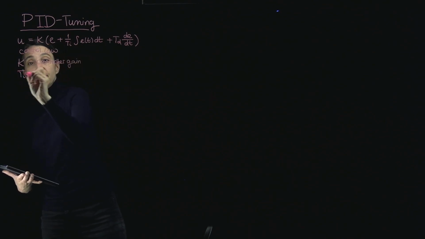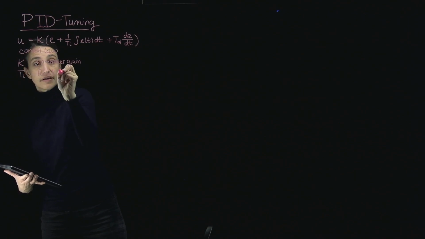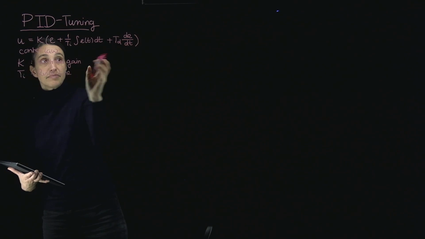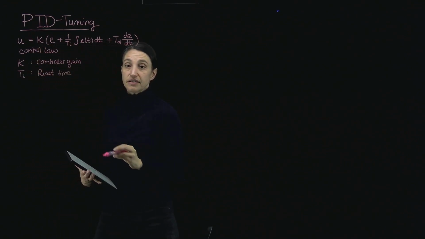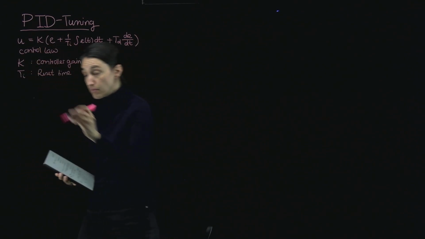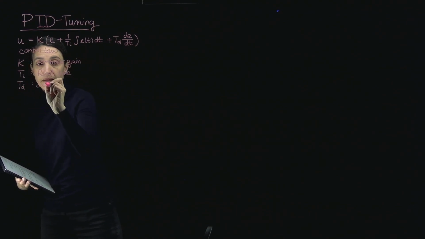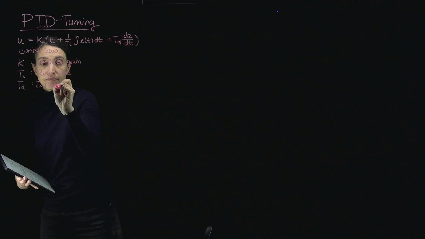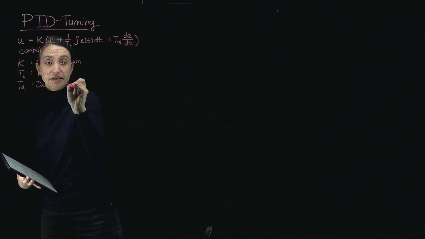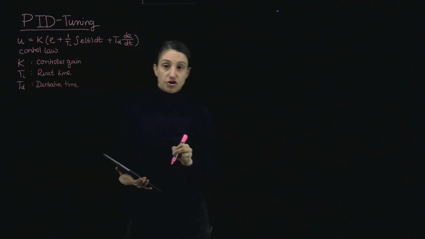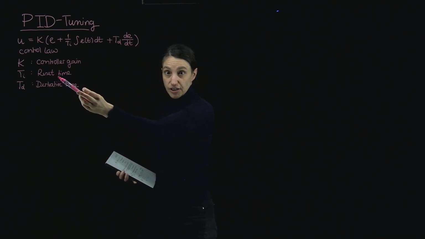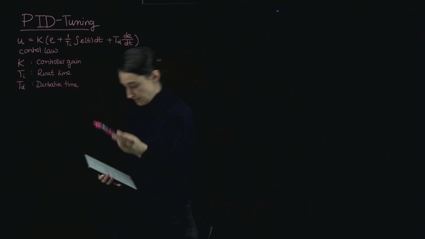We have the integral or reset time, and this is a time. This is why it's 1 over Ti, because in this way Ti is a time. And we have the derivative time, Td. In German die Nachstellzeit und die Vorhaltezeit.